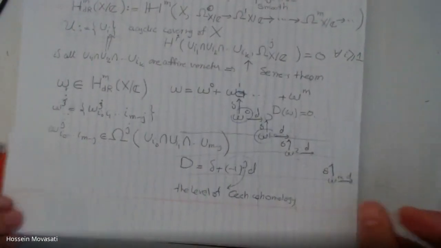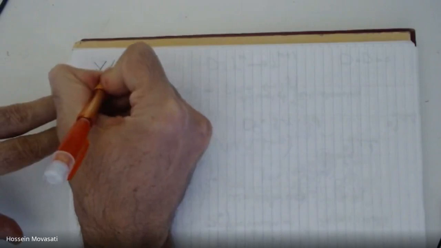Okay, so it is slowly I have to consider. So when I write X over C, this means that I consider X as an algebraic variety with Zariski topology.